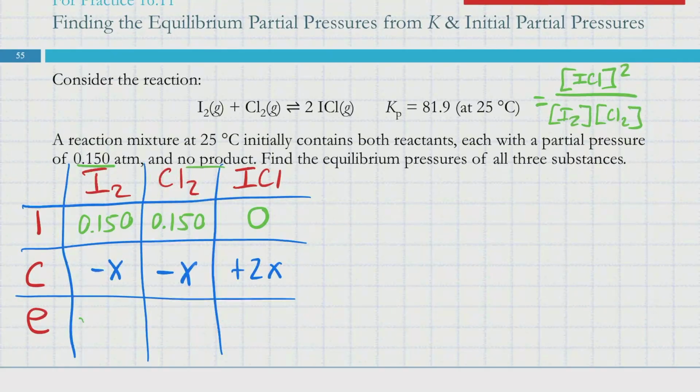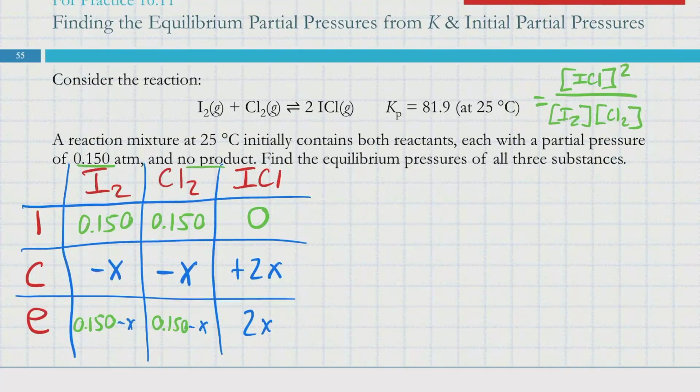So our equilibrium values are 0.150 minus x for both of our reactants, and plus 2x, or just 2x, for our product.